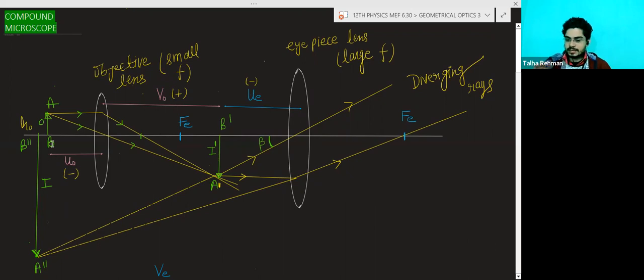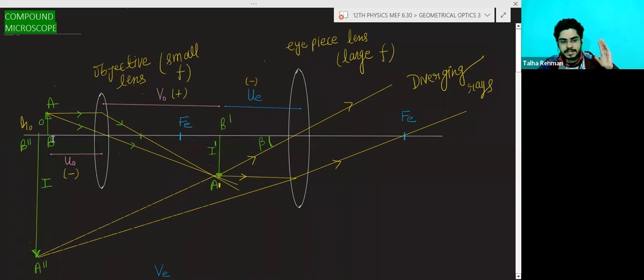So what is the working? In a compound microscope, there are two lenses: one is the objective lens, another is the eyepiece lens. The objective lens has a small focal length. The eyepiece lens has a large focal length.